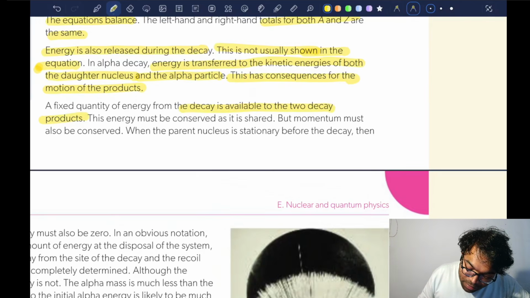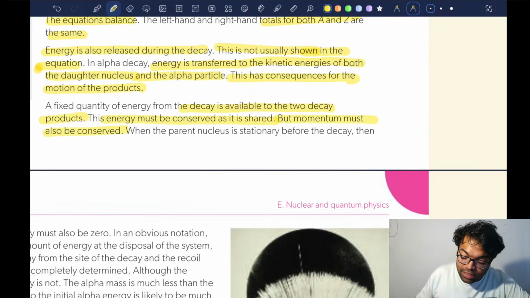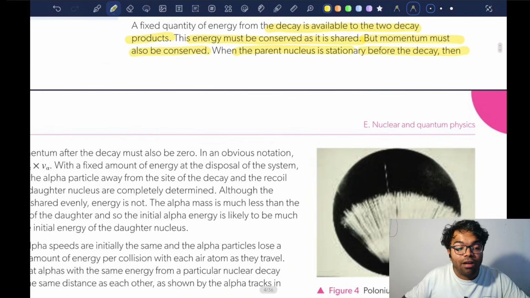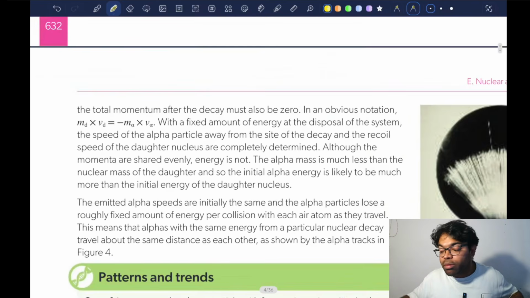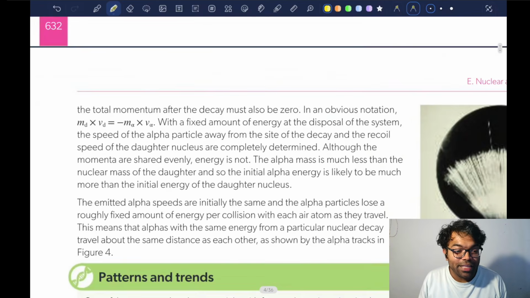The energy must be conserved as it is shared, but momentum must also be conserved. When the parent nucleus is stationary before the decay, the momentum is how much? Zero. Do you remember me teaching you the bomb concept? Initially, the bomb was stable before the blast, so the initial momentum is zero.